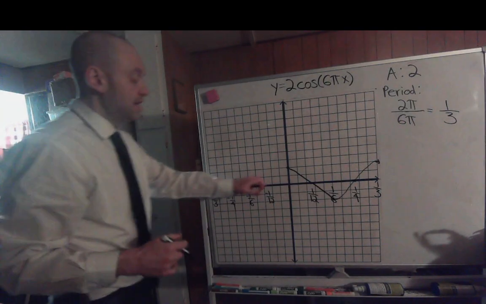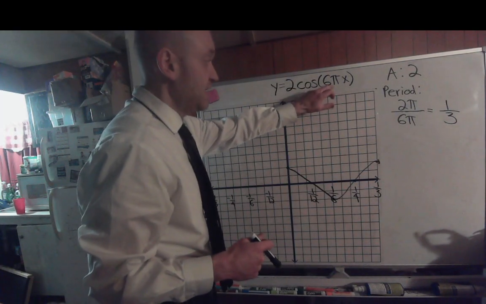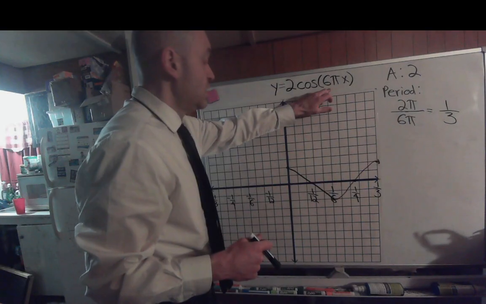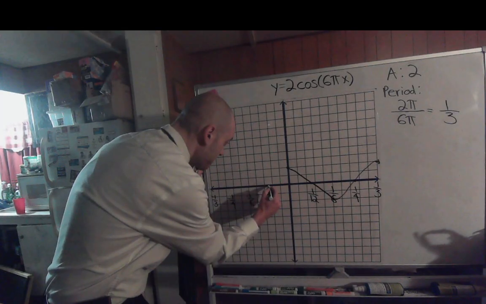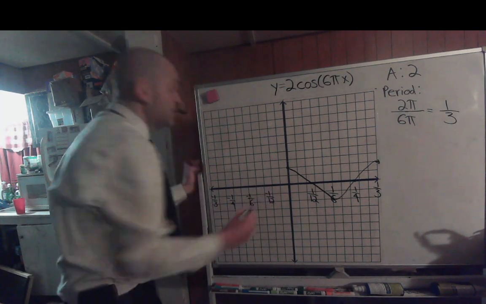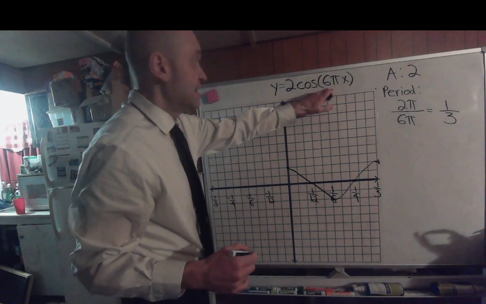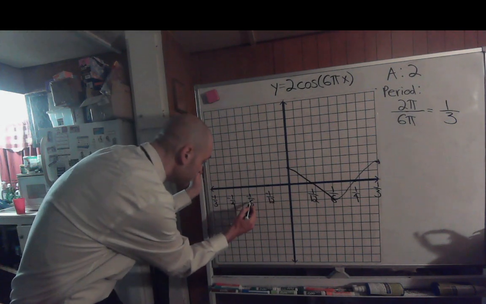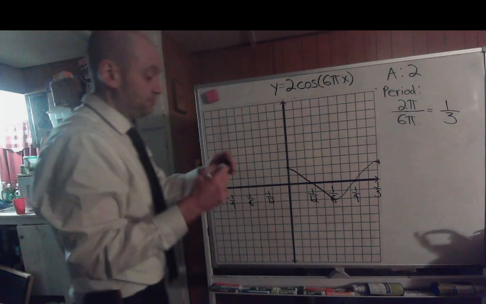Now put in negative 1/12. That would give you the cosine of negative pi over 2, which is 0 times 2 is still 0. Now put in negative 1/6. You would get the cosine of negative pi, which is negative 1 times 2 is negative 2. Put in negative 1/4.